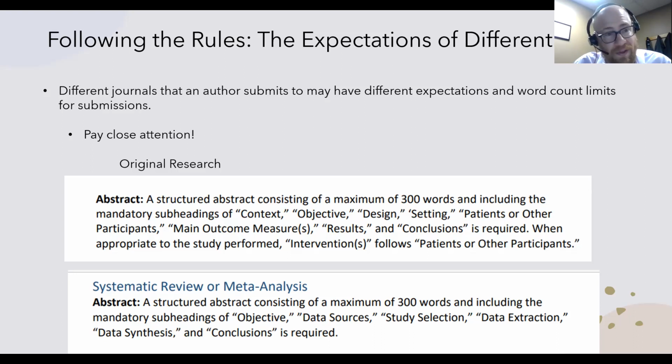They're analyses of primary sources and/or previously conducted studies. So it's extremely important to lay out exactly how studies were selected and what the inclusion and exclusion criteria were, how the data was extracted, how it was synthesized, and the conclusions of that systematic review.